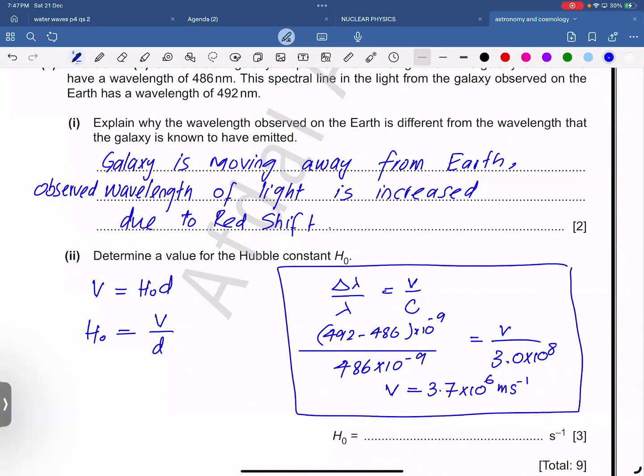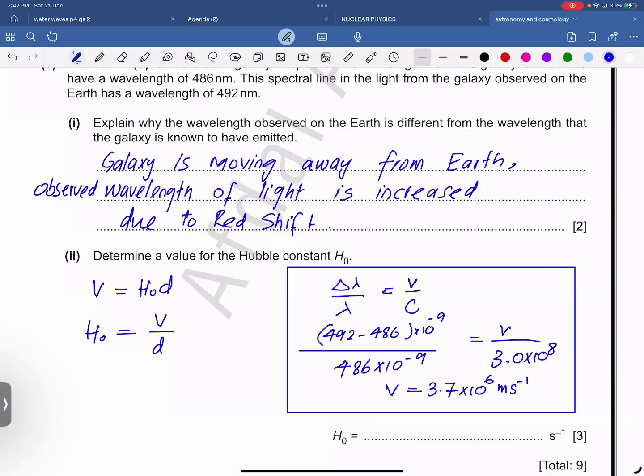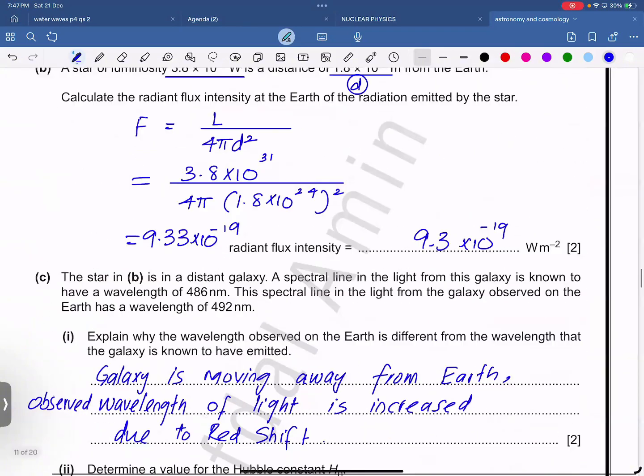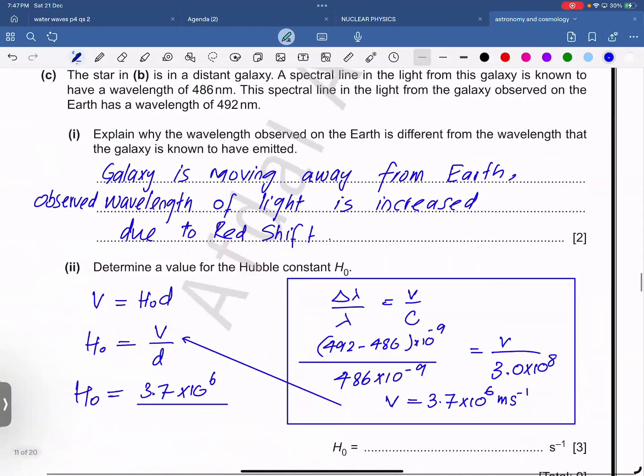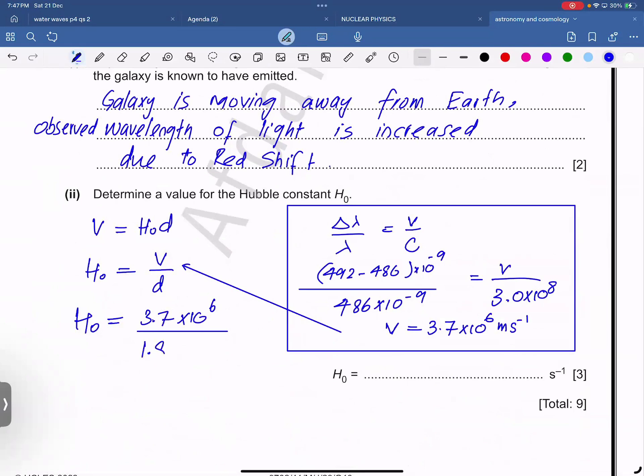Okay, this is your step 1, to first find what? The speed. Substitute here. So H naught will be 3.7 into 10 power 6 over D, 1.8 into 10 power 24. It is supposed to be the same number, right?